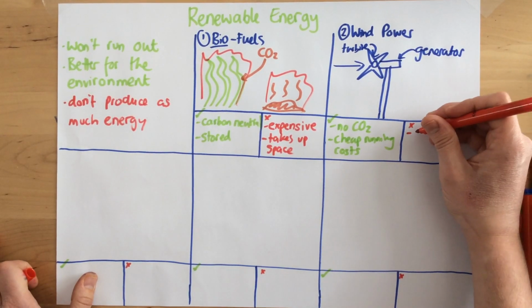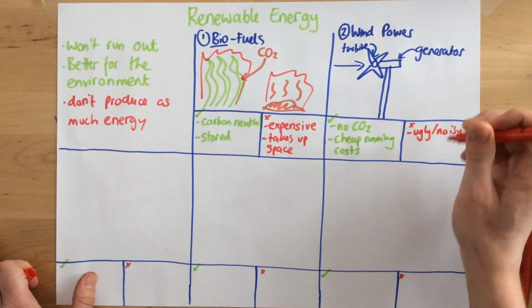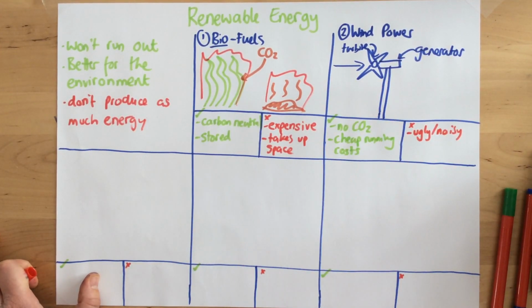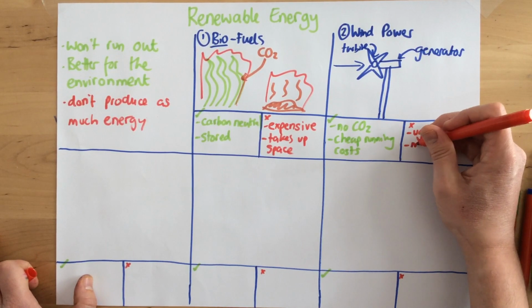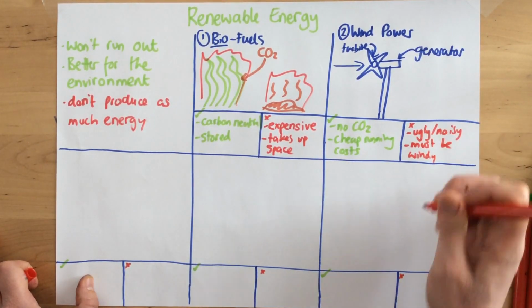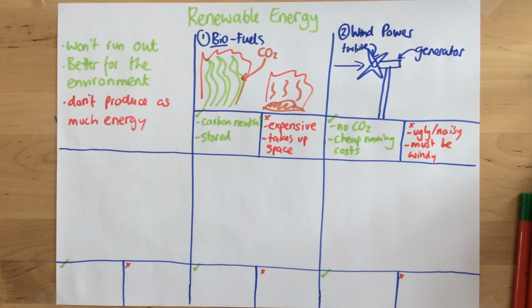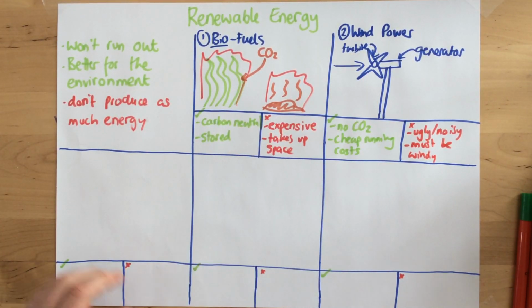Now, a few people complain that they think they're ugly and noisy. They can also be quite expensive to build in the first place. Now, the big negative when it comes to wind power is it must be windy in order for them to work. So on a really non-windy day, they're not going to be generating much energy, if any energy at all.